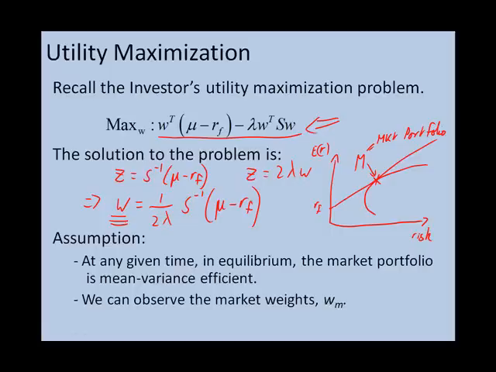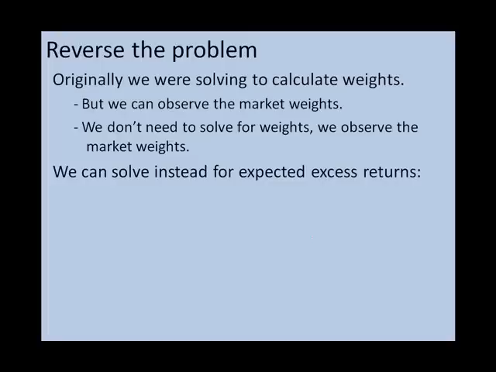They turned the problem around and said, we observe W, maybe we can back out what the expected excess returns are for each stock. So they said, let's not estimate this. We don't want to use estimates. Let's try and solve the problem to find an expression for the expected excess returns.